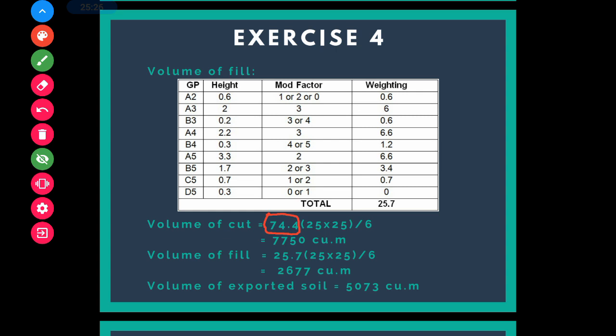This is your cell area, and 6 is because we are using a triangle grid. For fill, the same thing: 25.7 is from the table, 25 times 25 is the cell area, and the 6 is because we are using a triangle grid.